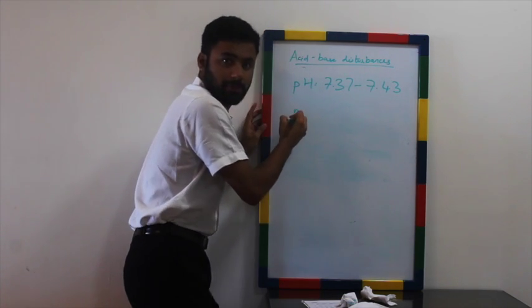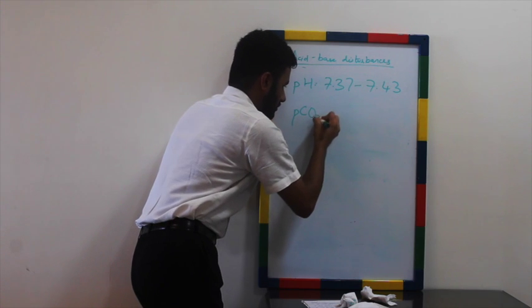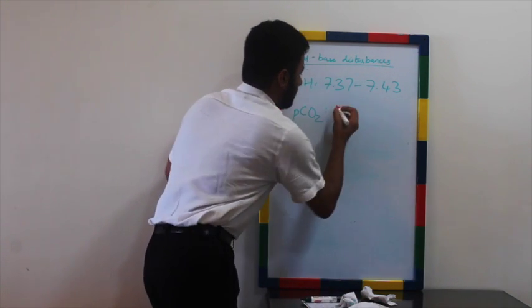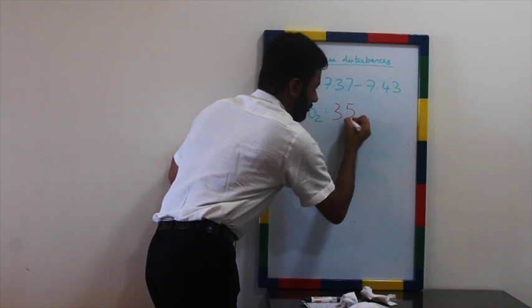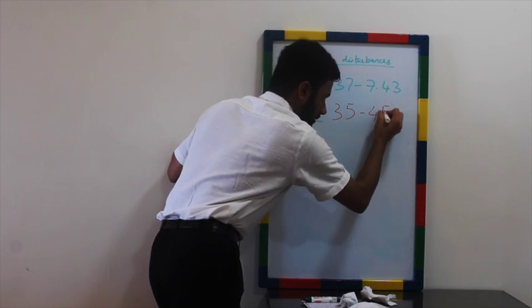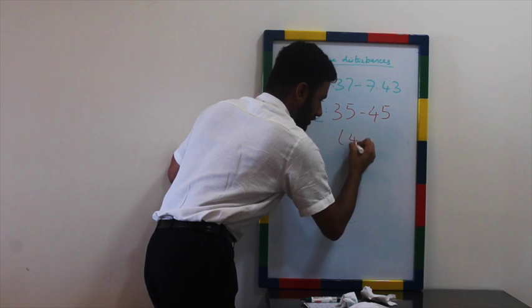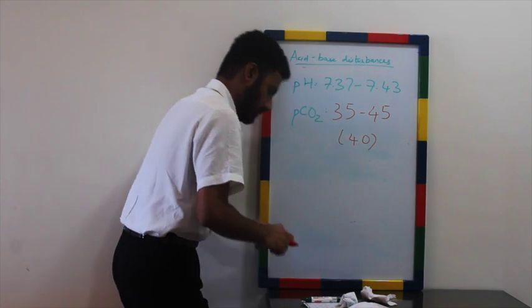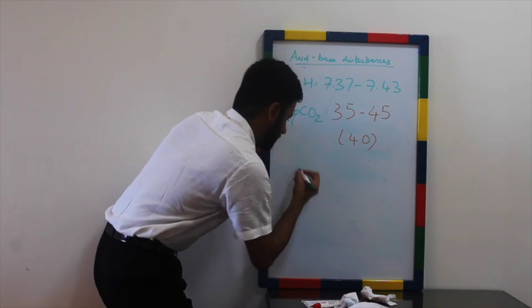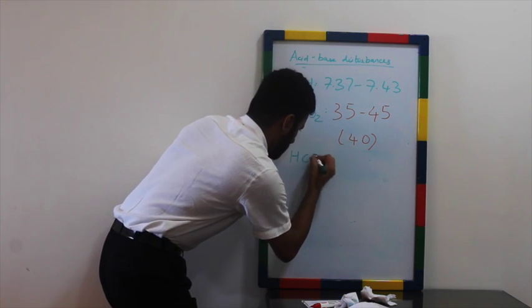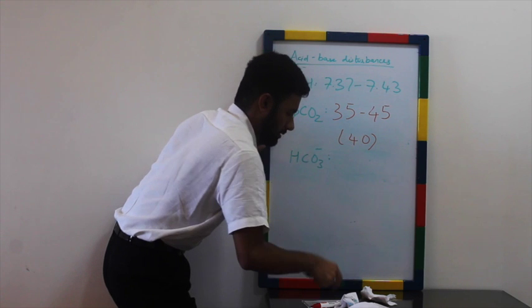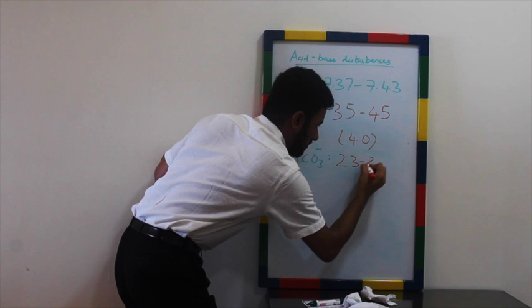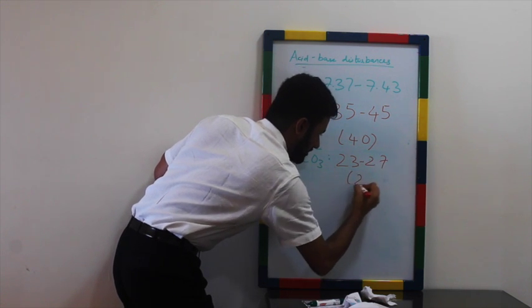Normal PCO2 is between 35 to 45, an average is 40. And the normal bicarb is 23 to 27, the average being 25.